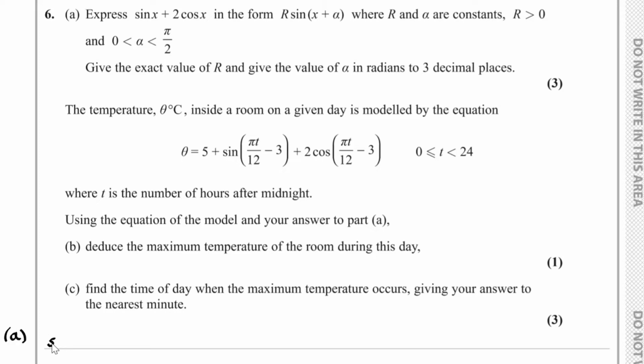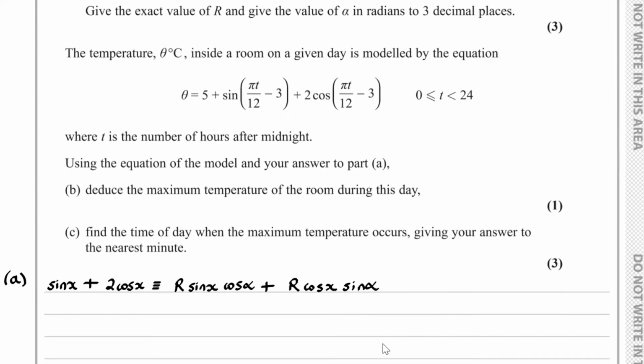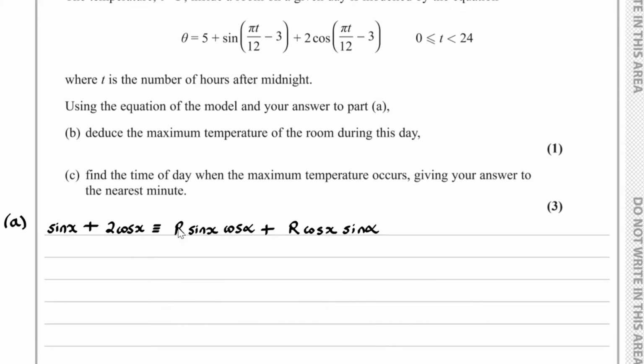We have sin x plus 2 cos x, which is equivalent to r times sine x times cos alpha plus r times cos x times sine alpha. And we can find out the value of r and we can find out the value of alpha by comparing sines and cosines.